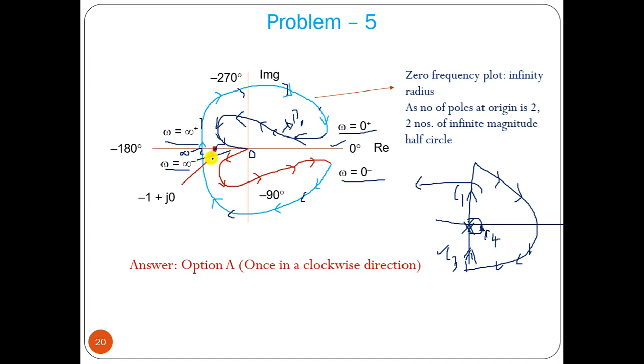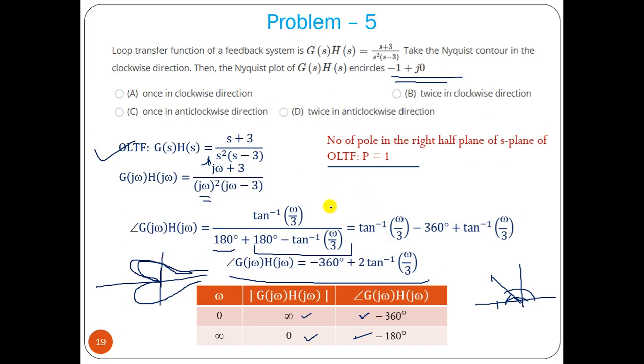Now if this is the plot and this is the minus 1 point, then if you take this line, this is basically encircled by these clockwise half circles, right. This clockwise half circle encloses it, so this line goes through this clockwise. So option A, once in a clockwise direction, is the answer. This is the way you have to plot that.